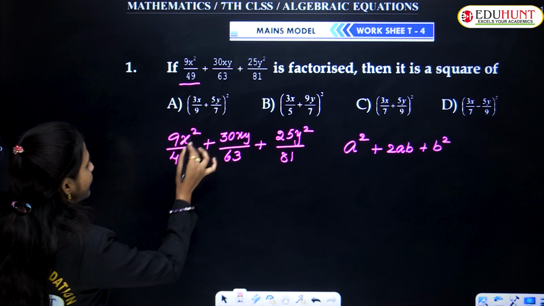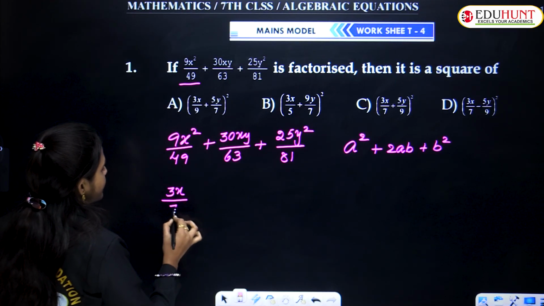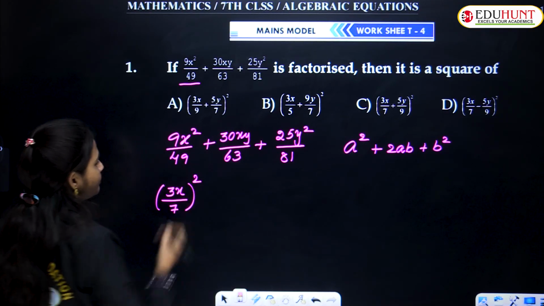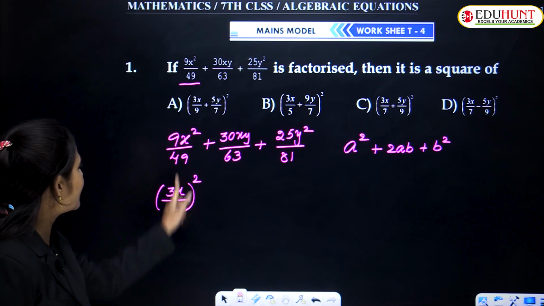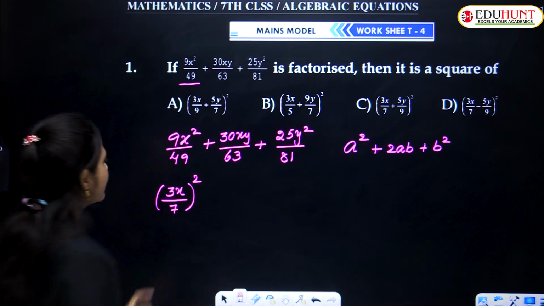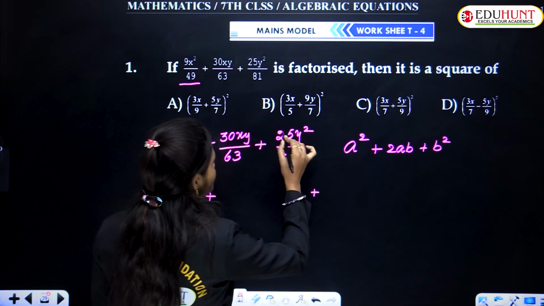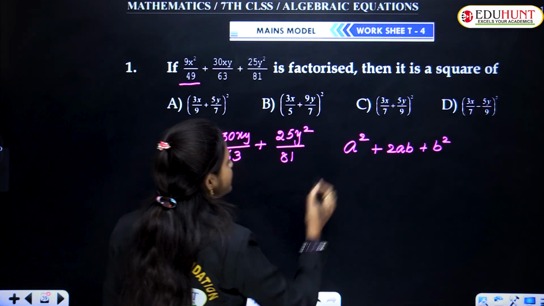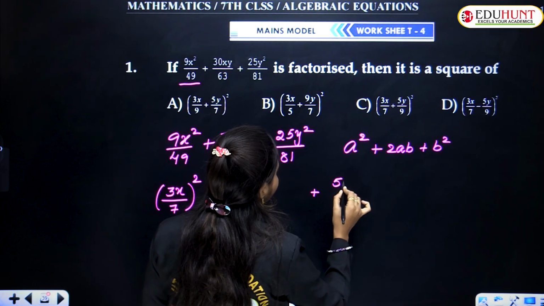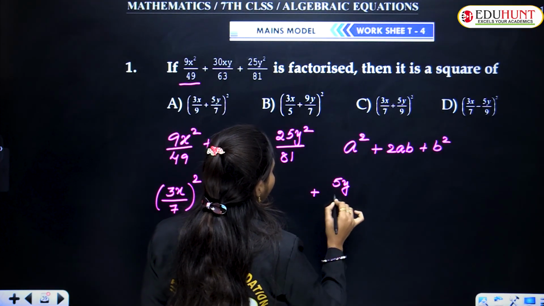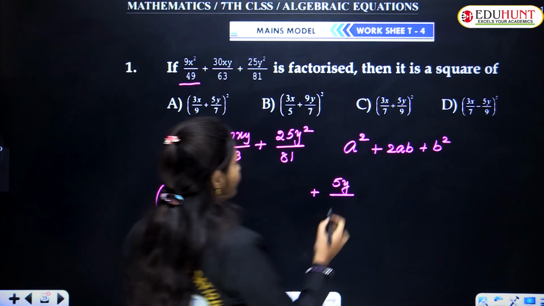A square means 9x square, which we can write as 3x by 7 whole square. Again 3 3 is 9x square by 7 square is 49. The last term is 25y square. 25 is a perfect square with square root 5, and 81 is a perfect square with square root 9.